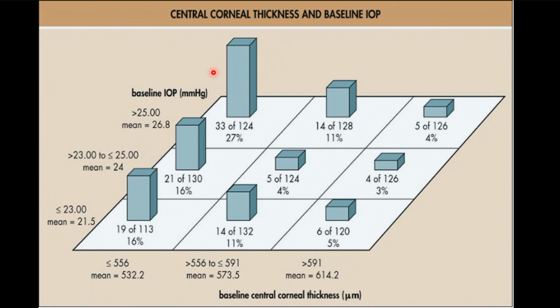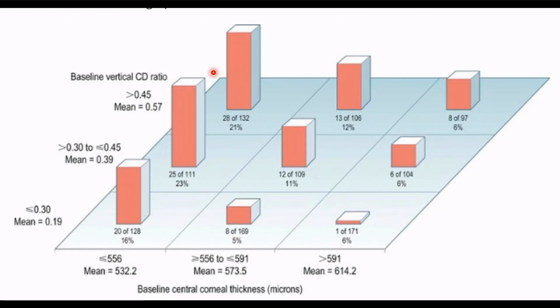So this is corneal thickness with high pressure, and this is corneal thickness with vertical cup disc ratio. If you can see here, it is almost 21% if it is less than 550 and the cup disc ratio is more than 0.45.